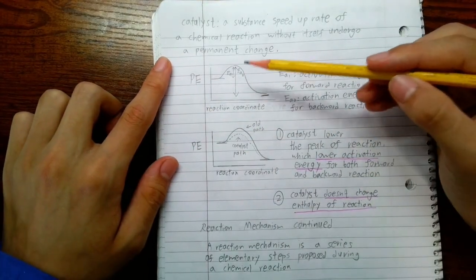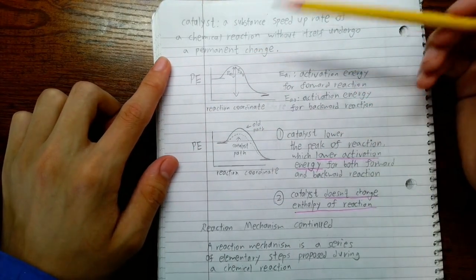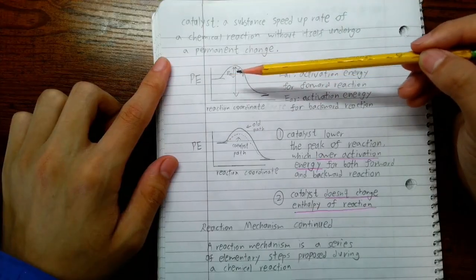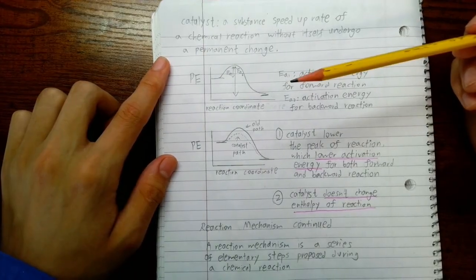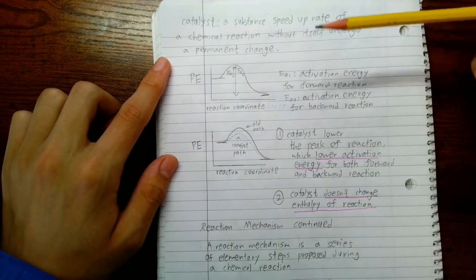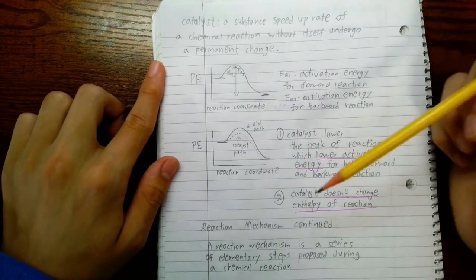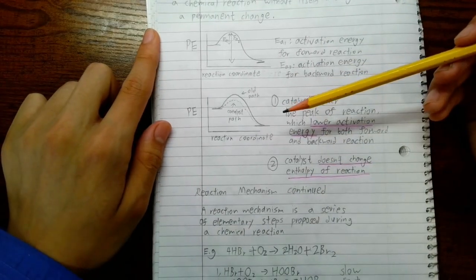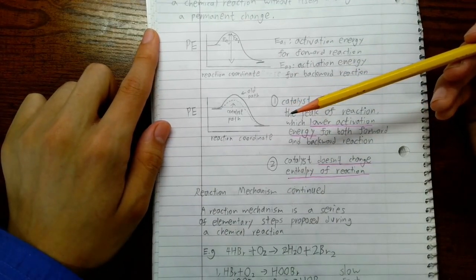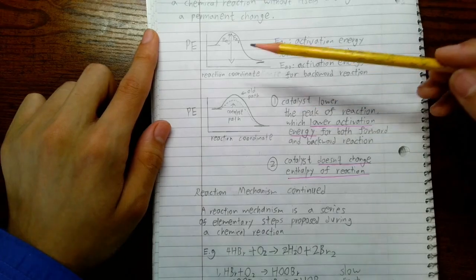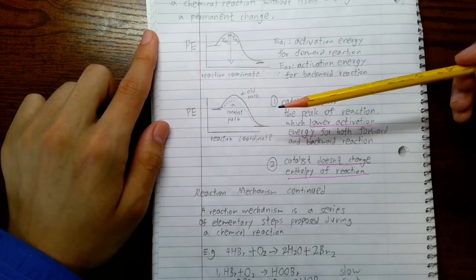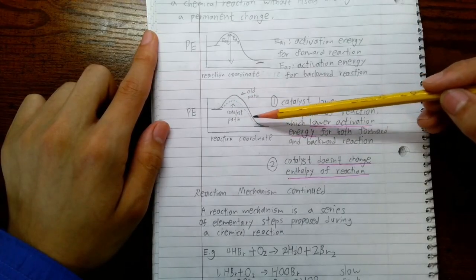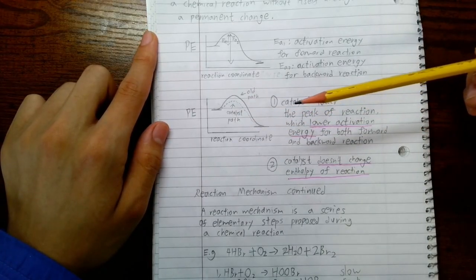And the activation energy for the forward reaction is EA1, and EA2 is the backward reaction activation energy. Let's take a look at the effect of a catalyst on a reaction. Here, this is our original path, and now we have the catalyst indicated by the dashed lines.